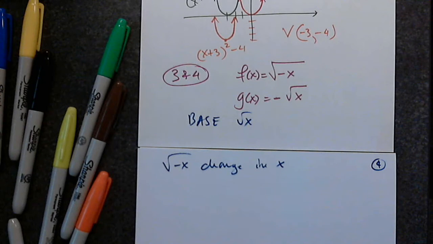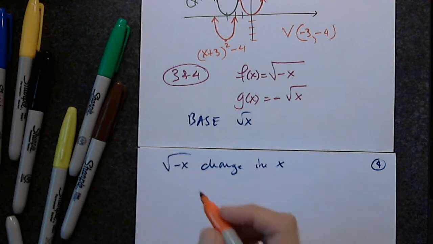Now let's see of what type. So if I say 5 and then -5, what am I trying to do here? I am reflecting the graph over what? From 5 to -5. Very good.